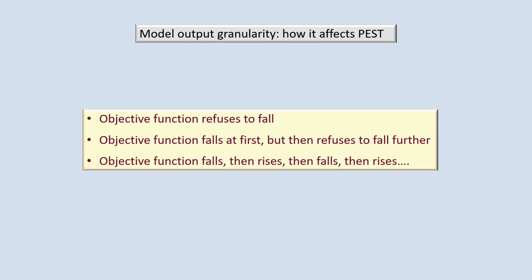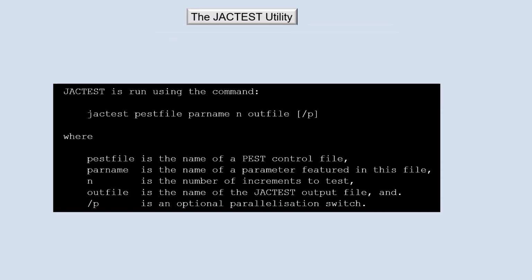If we are seeing this kind of behavior when we're using PEST, we can test whether the cause of PEST's malperformance is in fact numerical granularity of model outputs as parameters are varied.